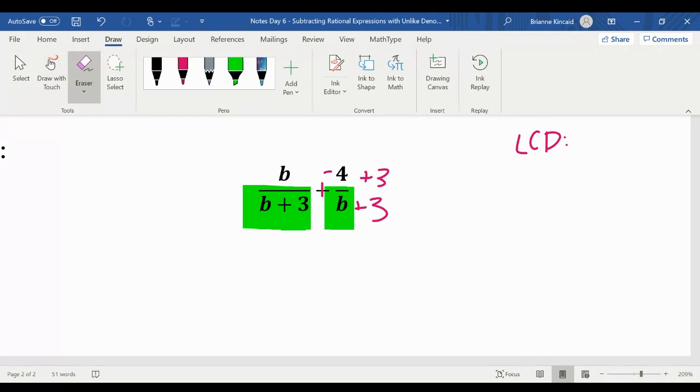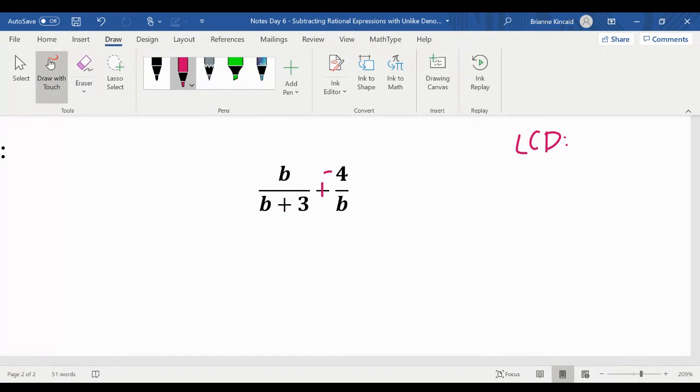So what I typically tell students to do is to, whenever you see x plus or minus a number, b plus or minus a number, whatever your variable is, you need to put parentheses around it because you want to think of that as its own separate thing. You can't just simply add a 3 and expect it to work out.